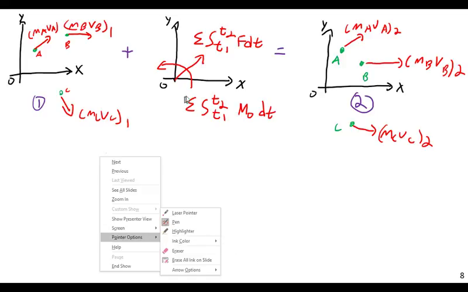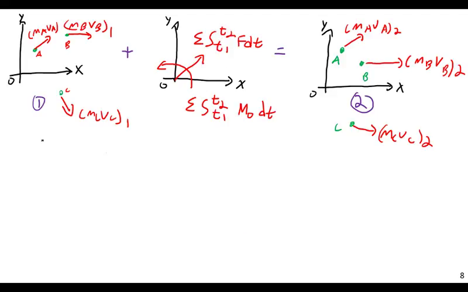The angular momentum is going to be affected by this term, and the linear momentum is going to be affected by this term. So building on what we saw yesterday, the summation of forces will be equal to the rate of change in linear momentum, L dot. And the summation of the moments will be equal to the rate of change in the angular momentum, H dot.